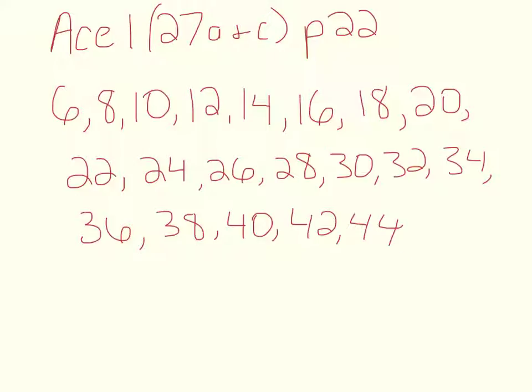So I started with 6, 8, 10, 12, 14, 16, 18, 20. I went all the way up to 44, and that is going to be my data set. All of this added together is equal to 500. And that is the answer for part A.